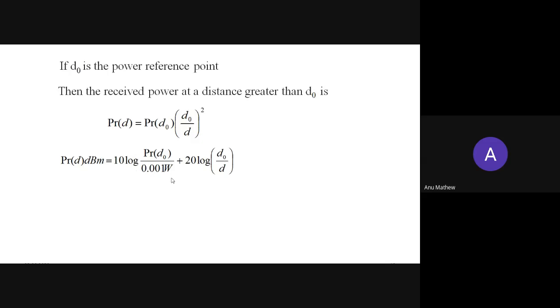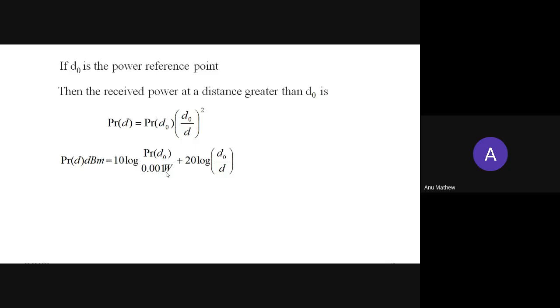Okay, so this term 0.001 watt comes here. When converting to watt, this corresponds to milliwatt power, so it comes as 0.001 watt. So 10 log PR D naught divided by 0.001 watt plus 20 log D naught by D.